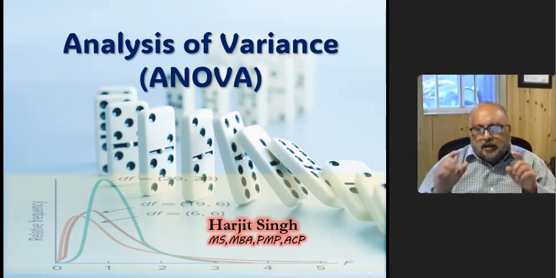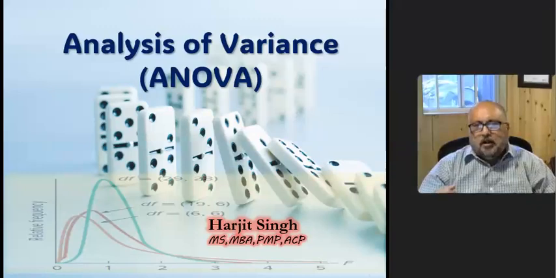The F in F distribution stands for Fisher, the initial of the person's name, honoring that person's contributions to this theory. So I hope you get the background of F distribution in statistics.